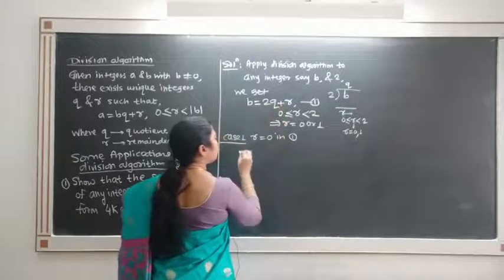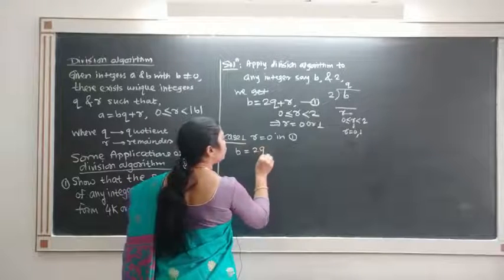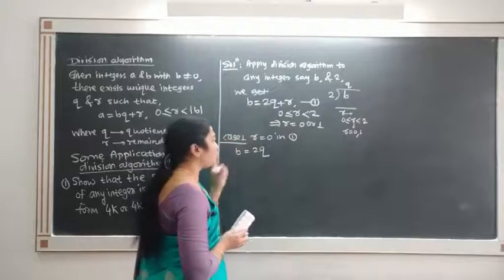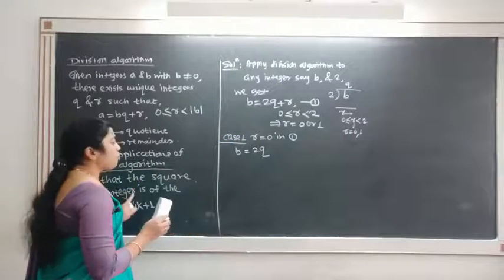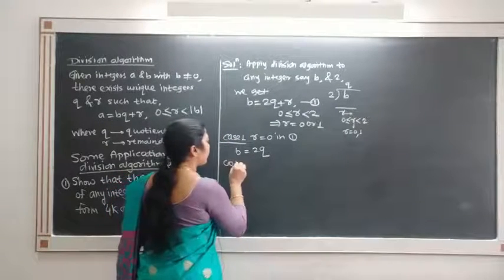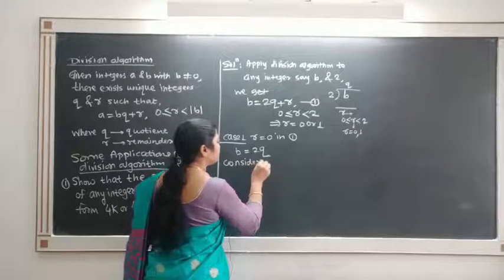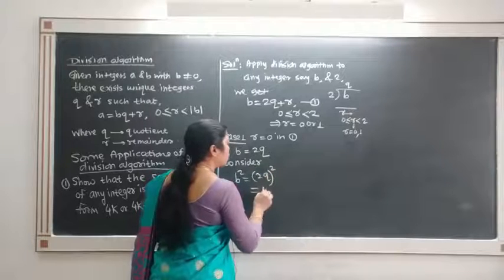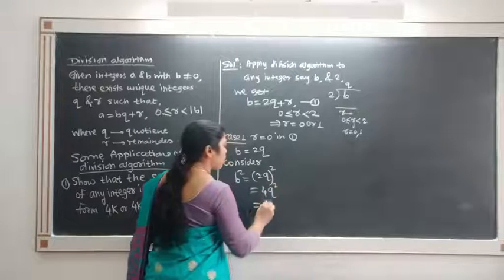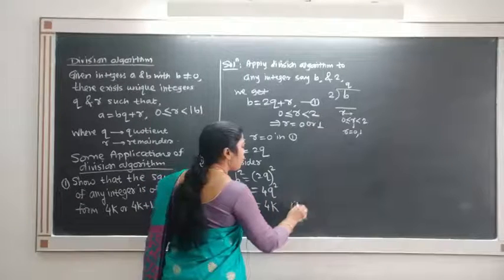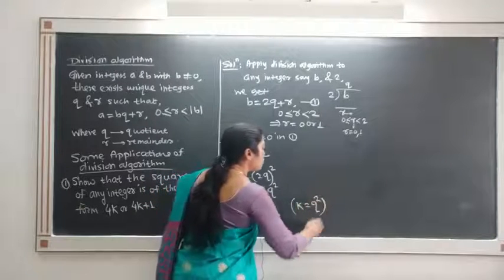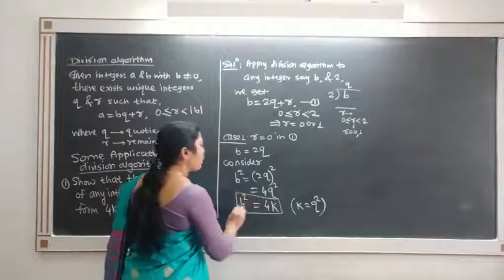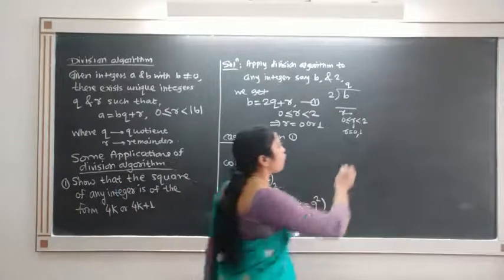We get b is equal to 2q. So any integer in this case is of the form 2q. We want the square of that integer, so consider b square. It is equal to 2q whole square, and that is nothing but 4q square. So it is of the form 4k, where k is nothing but q square. So observe that in the first case, the square of any integer is of the form 4k.